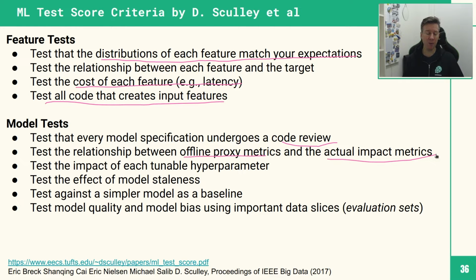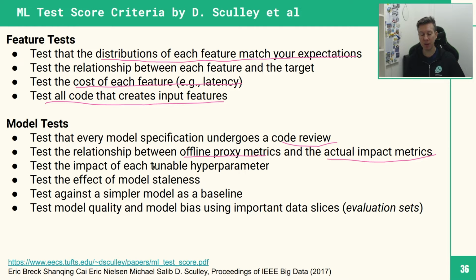And then we may have a model KPI, so a key performance indicator, the actual impact metrics of the model, and we may have some proxy for that. So maybe we're trying to increase revenue, but to do that we're trying to increase engagement on a platform. So we can't necessarily measure one, and we'd like to use the other as a proxy metric.